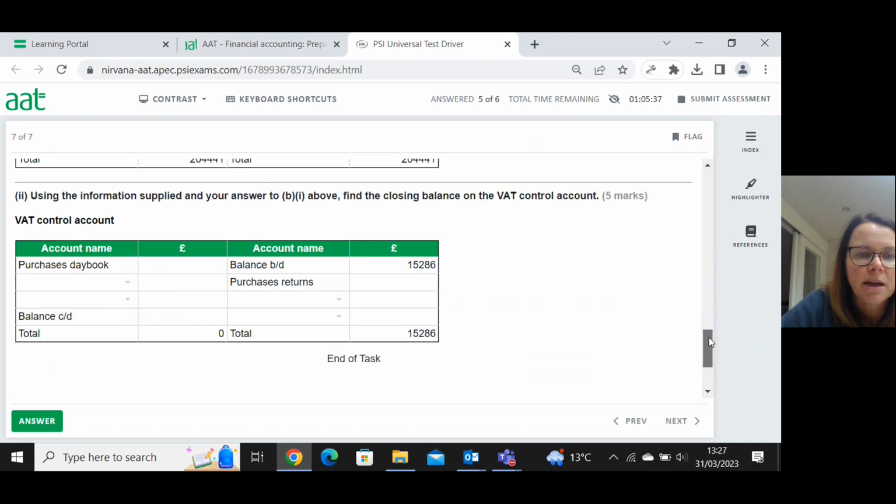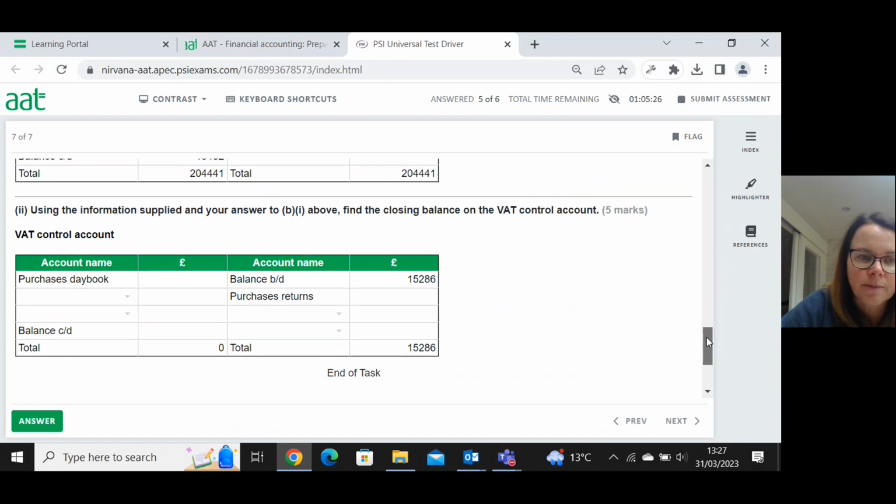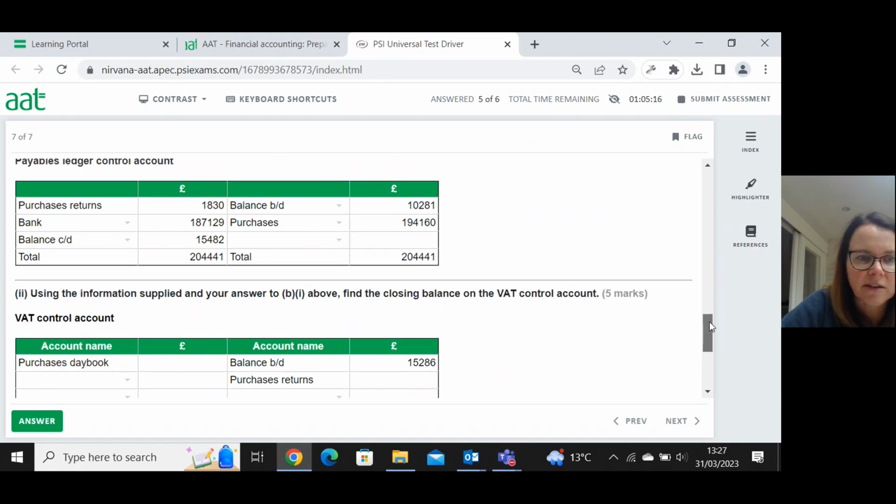Using the information supplied and your answer to B above, find the closing balance on the VAT control account. Right, so balance brought down. They've conveniently put these narratives in. So I want the VAT on purchase returns.